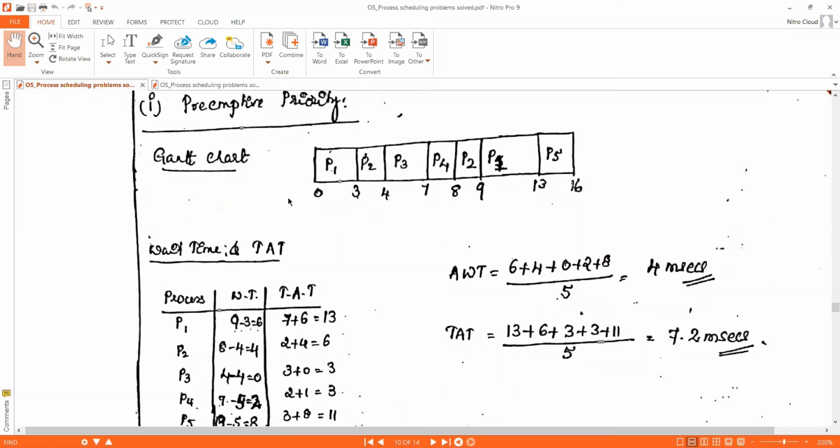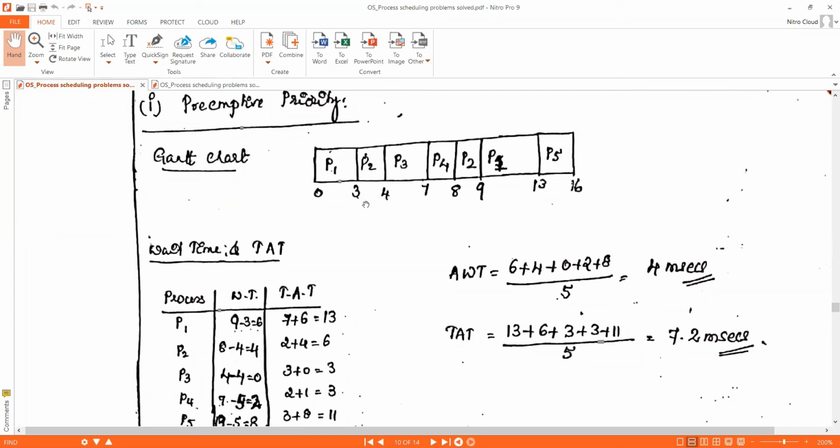If there is any allotted time previous to that, we also need to add it. Here process 1 is allotted the CPU 2 times, so both allotted times need to be calculated. 9 minus 3 is 6 milliseconds.